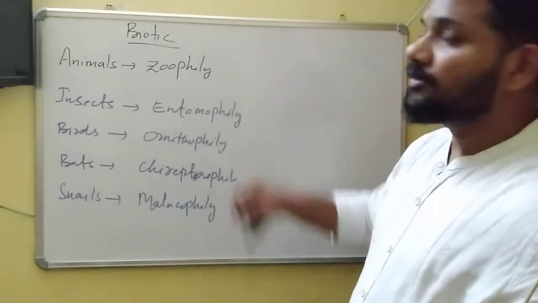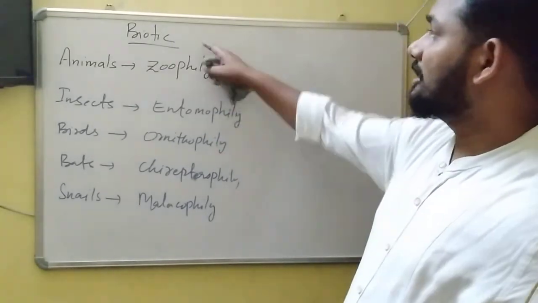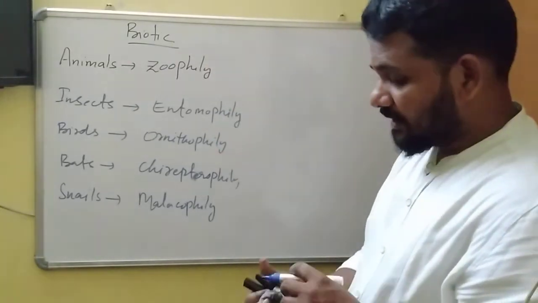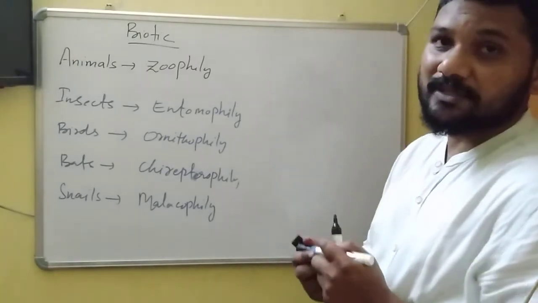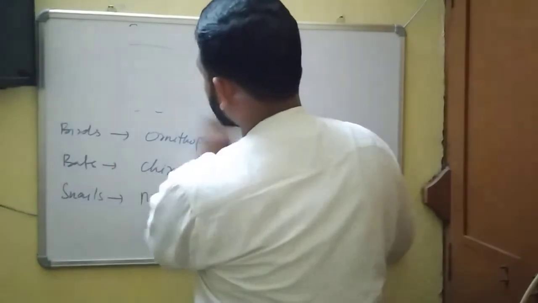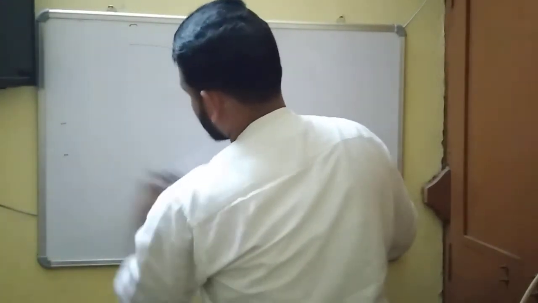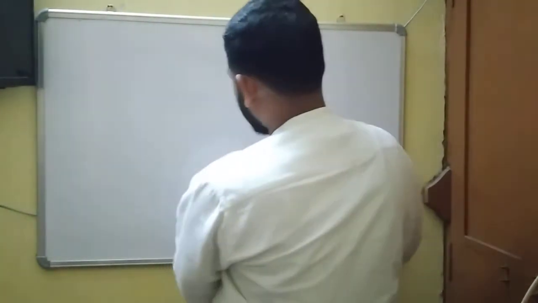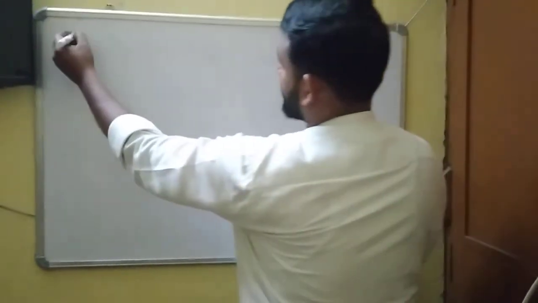But among these, entomophily is the common one amongst biotic agents. What are flowers with entomophily called? Entomophilous flowers. Let us also discuss some important characteristics of entomophilous flowers.